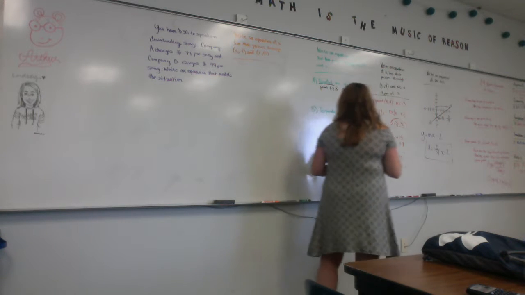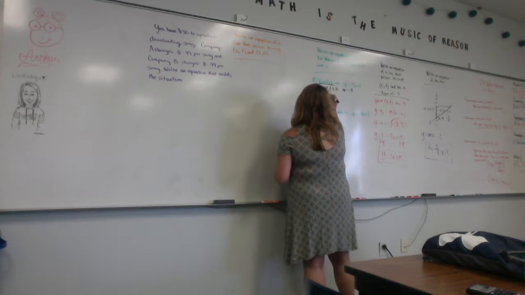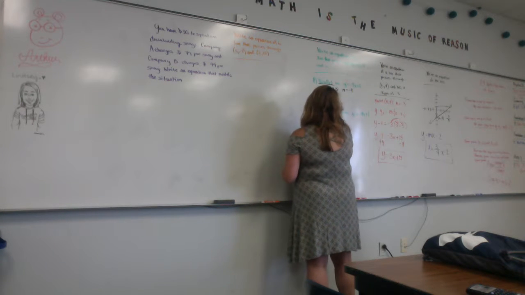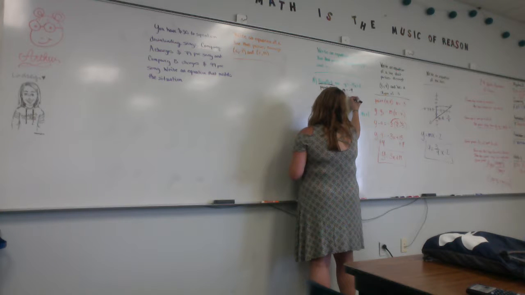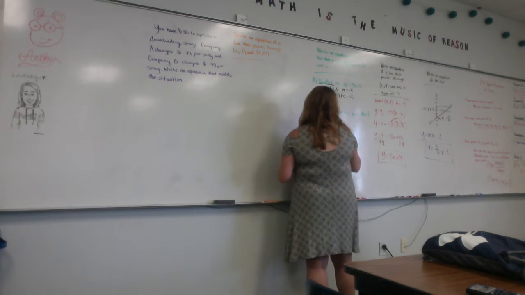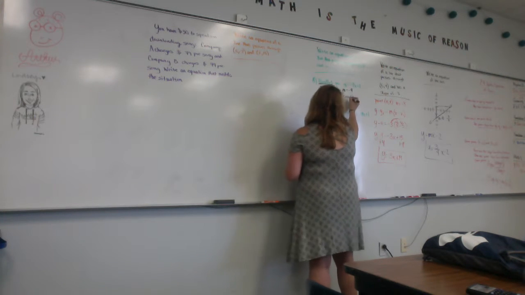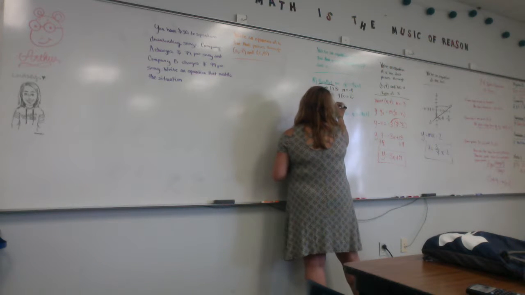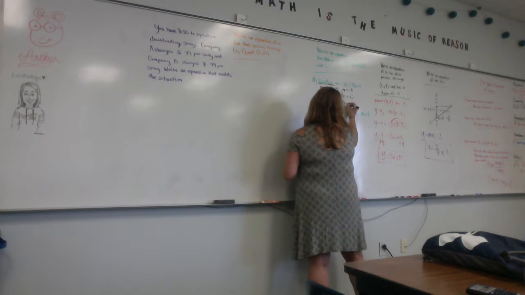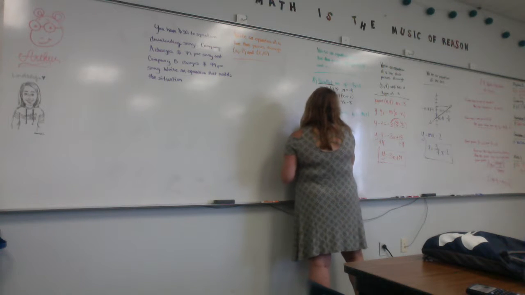Point slope formula. And I have y minus 3 equals negative 4 times x minus negative 2. That becomes positive. I distribute. I get y minus 3 equals negative 4x minus 8.